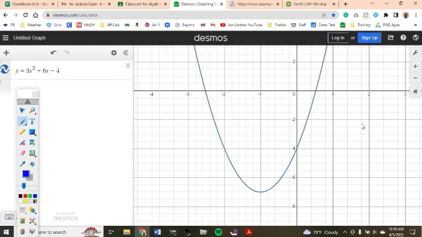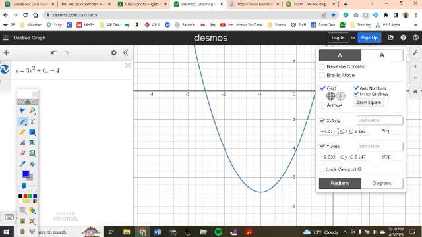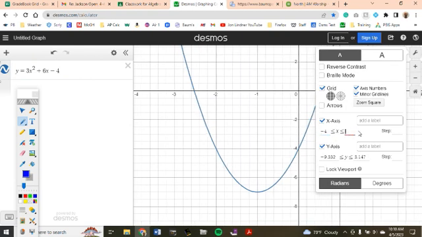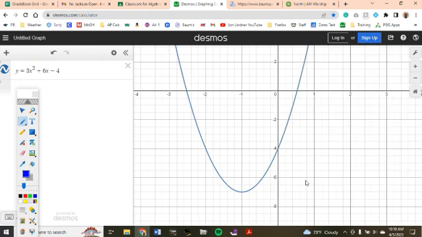If your picture does not look like mine, remember that you can click this settings button and change your settings. On this problem, probably -4 to +4 will give you a nice window so we can see what's going on.